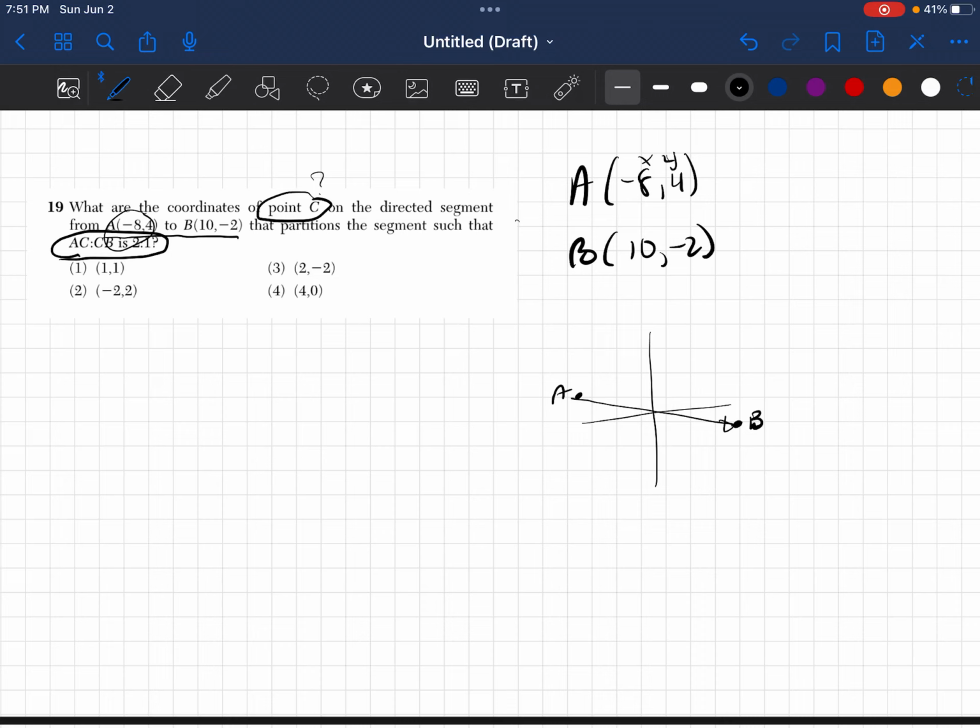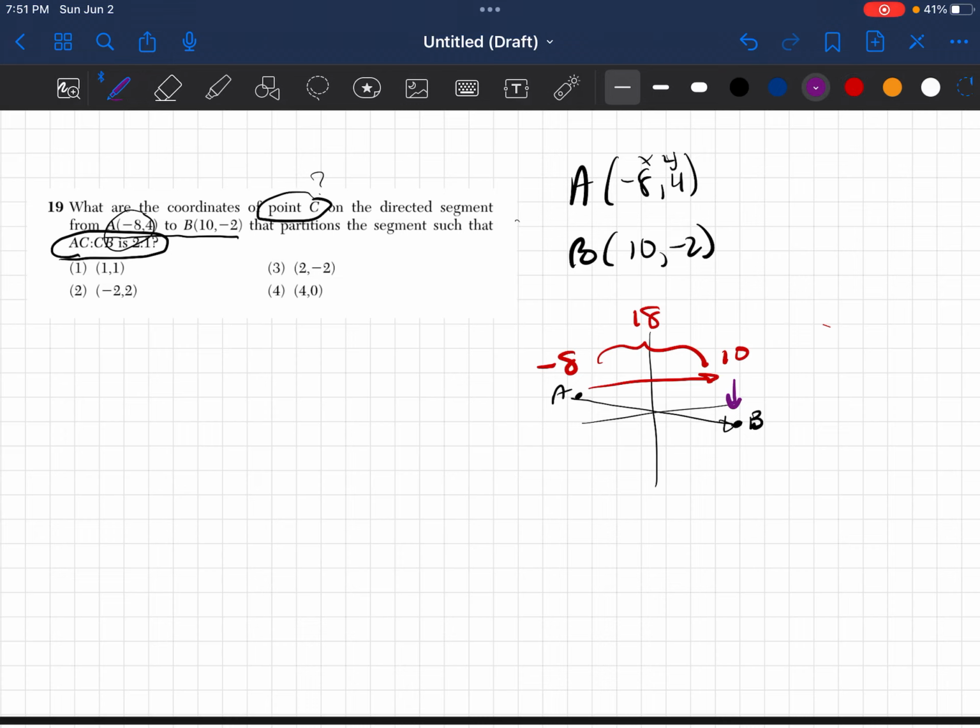So what I want to find is how much it changed in the x, the horizontal direction, and how much it changed in the y, the vertical direction. So I'm going to start with x first. I'm going from negative 8 to positive 10 here. And so I can subtract these, I can count them, but it's a difference of 18 units.